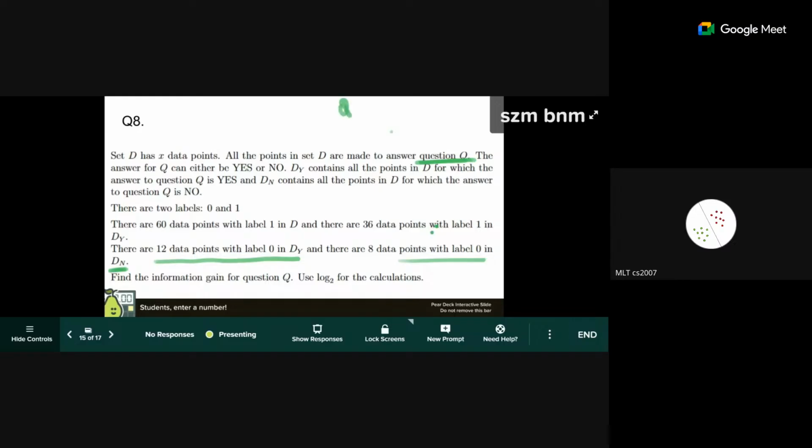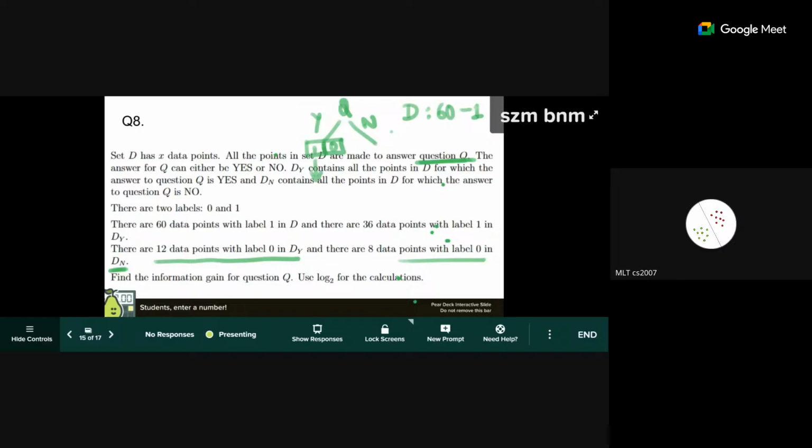So you have a question Q here. Now you have asked a question, and based on this, you are dividing it into yes and no, right? There are 60 points with label 1 in D. So in D, you have 60 points that are label 1, and 36 points with label 1 in Dy. Okay, so this is Dy, and if this is label 1 and if this is label 0, label 1 is how many? 36.